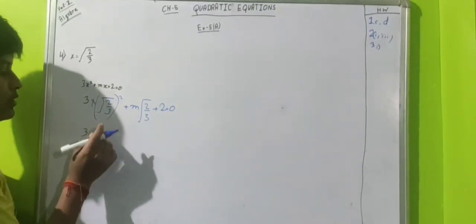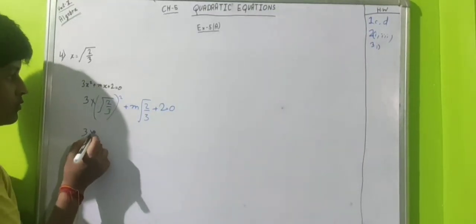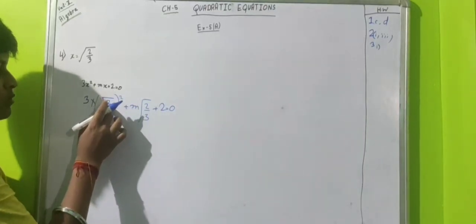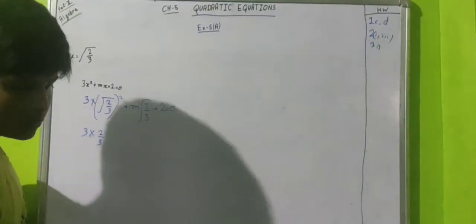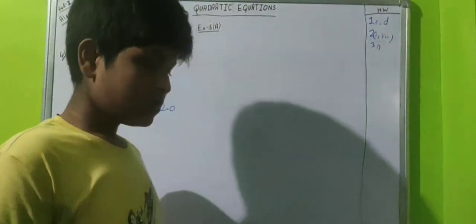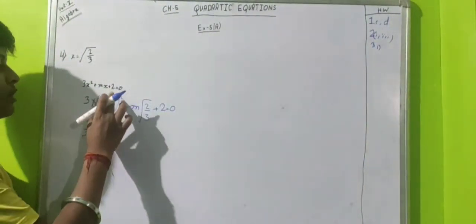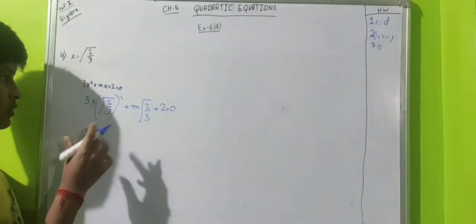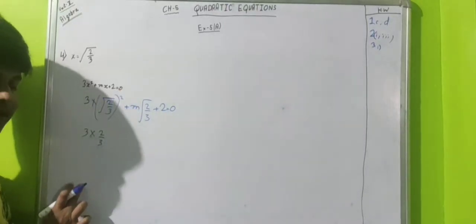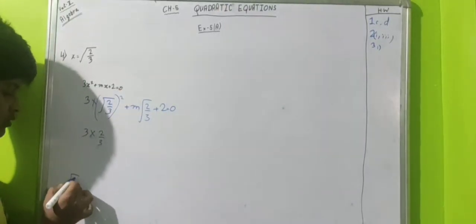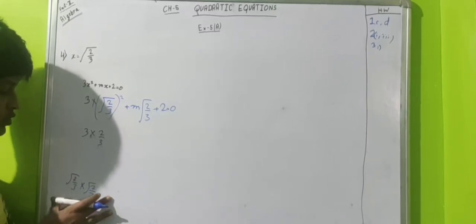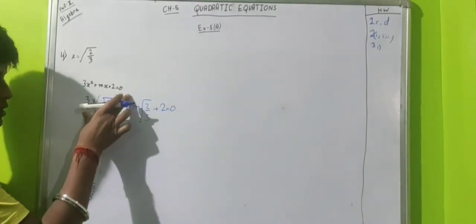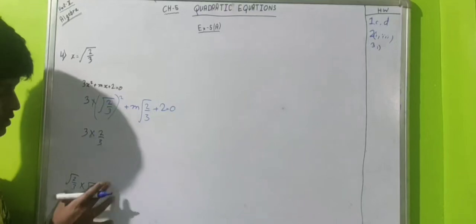First of the bracket, on squaring root 2 by 3, the simplified form I am showing to you. So this can also be written as this.